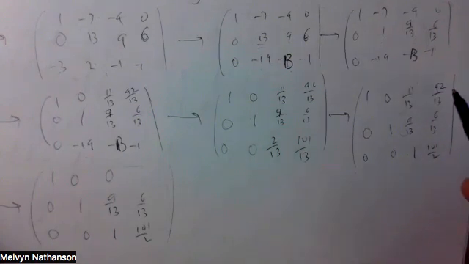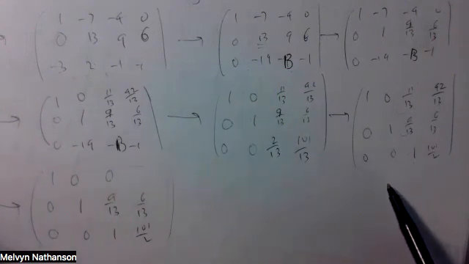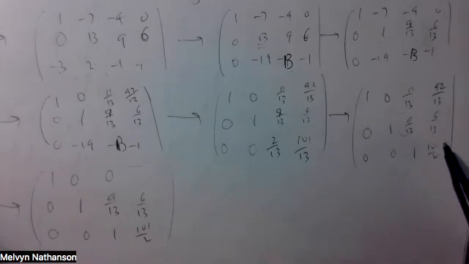And then I have 42 over 13 minus 101 over 2 times 11 over 13. I'm multiplying this row by 11 over 13 and subtracting.